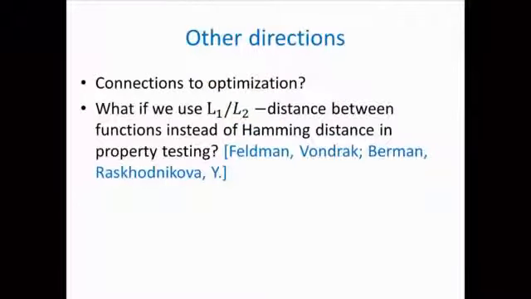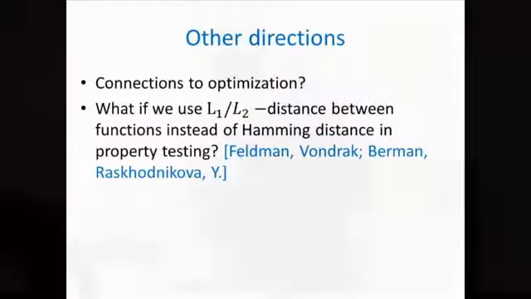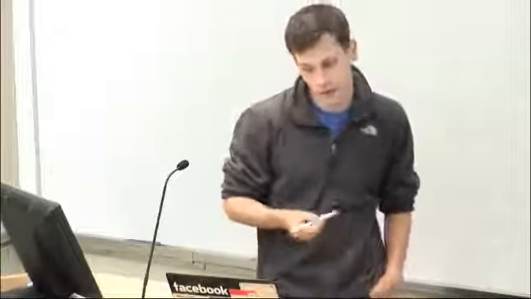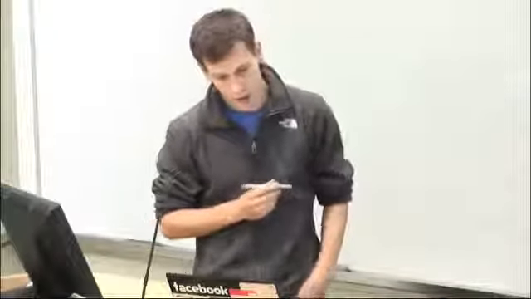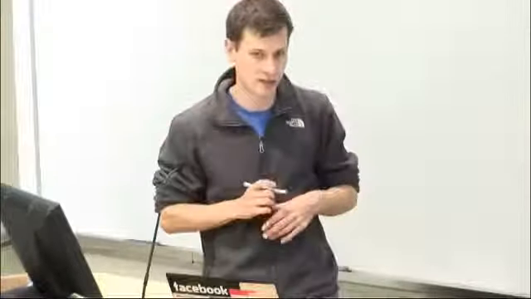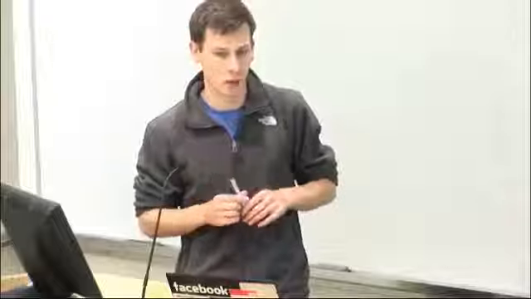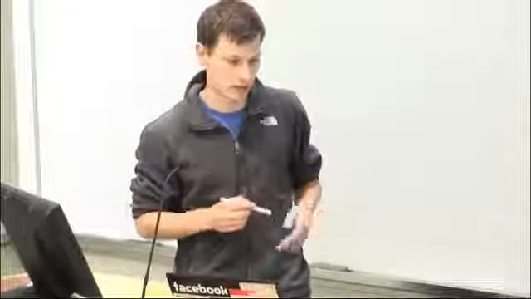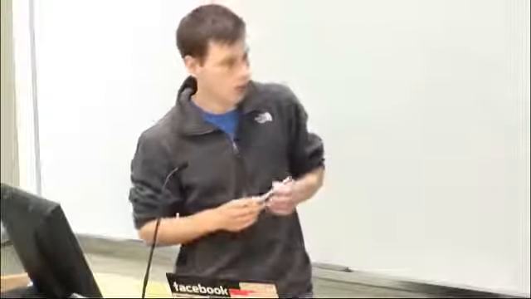To conclude, I want to show some other directions which seem to be interesting. In this line of work on learning submodular functions, there are a number of results on approximating these functions by all kinds of representations, by juntas, decision trees, formulas.